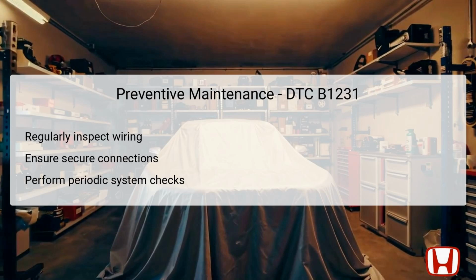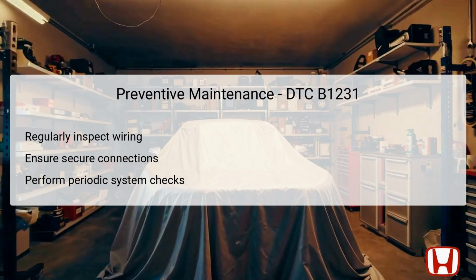Preventive maintenance is key to avoiding issues like DTC B1231 in the future. Regularly inspecting the wiring and connectors associated with the evaporator temperature sensor can help identify problems before they escalate. Make it a routine to ensure connections are secure and free from corrosion or damage.